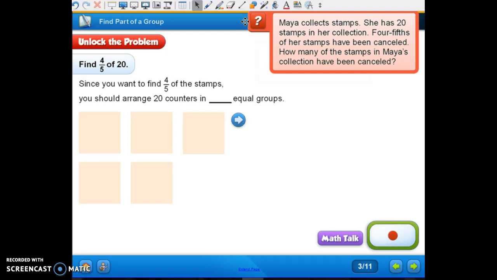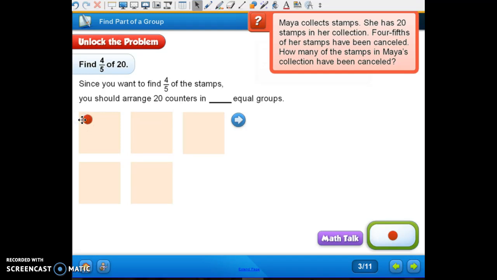Since you want to find 4/5 of the stamps, you should arrange the counters in blank equal groups. How many groups are there? 5. So you should make your 20 counters into 5 equal groups. So count out 20 counters.